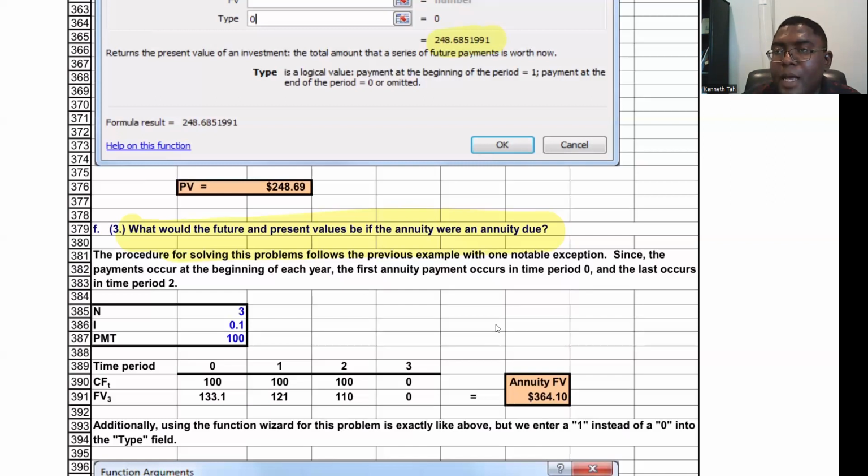Because if I'm starting right now to invest my money in the bank and you do the same, and mine is set up in such a way that compounding is done at the start of the period, so if I put that money in at the beginning of the period, and you put yours at the end of the period, by the time you are putting in your own money, mine must have been in the account for 1 year.